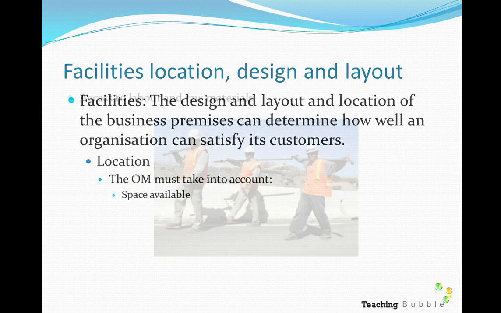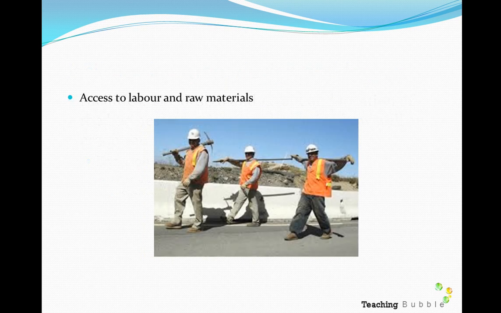The second point is we need access to labour and raw materials. Now, mining companies have a bit of trouble with this because often they're mining in remote areas and people don't live there. So in order to overcome this, they may fly labour in, or you hear of mining towns booming, so the housing prices booming.